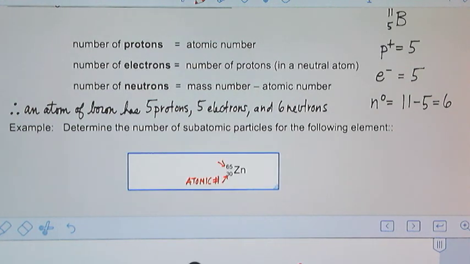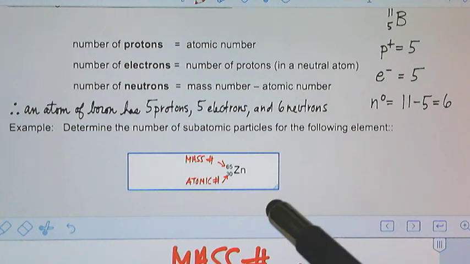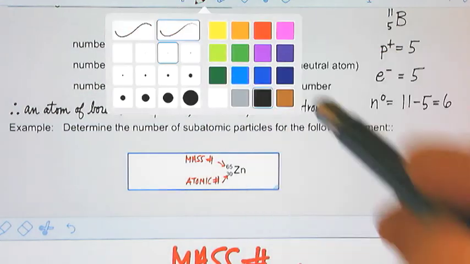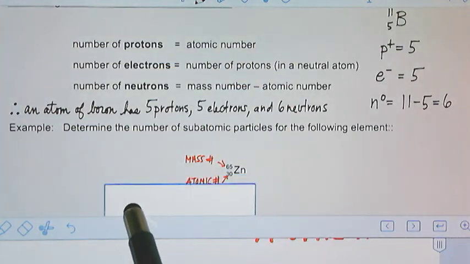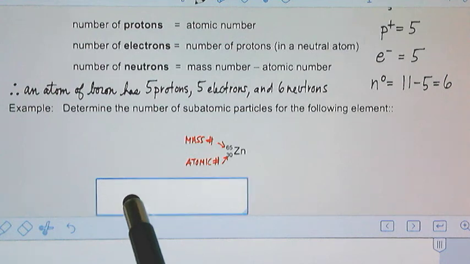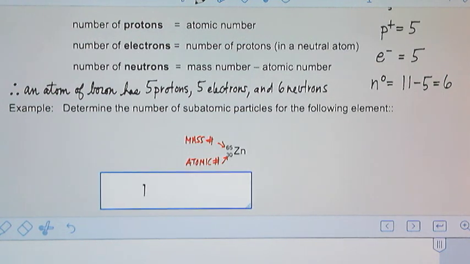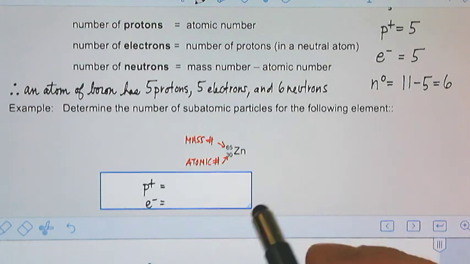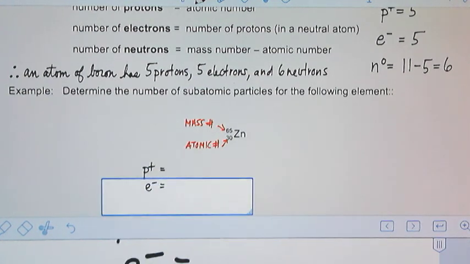And the mass number is 65. So from this information, we can determine the number of protons, the number of electrons, and the number of neutrons present in one atom of the element zinc.